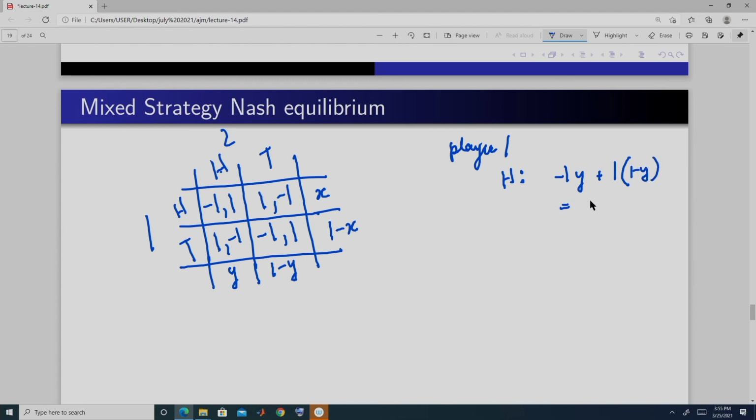So, the payoff is 1 minus 2y if it plays head, and if it plays tail, it will get 1 with probability y and -1 with probability 1 minus y. So, the payoff is 2y minus 1. Okay. So, this is the payoff for player 1.